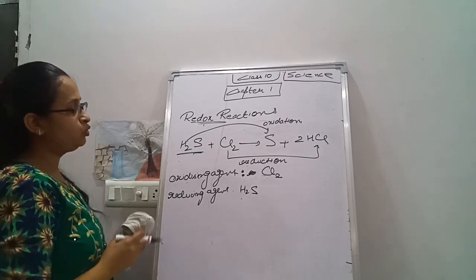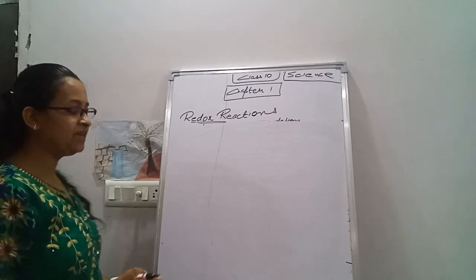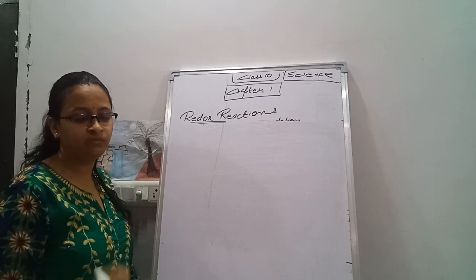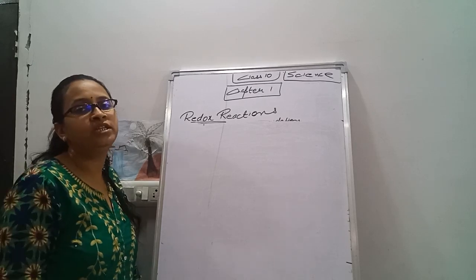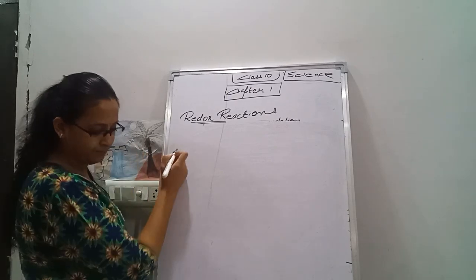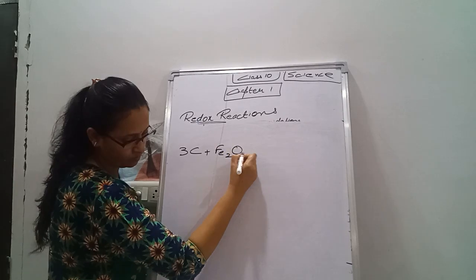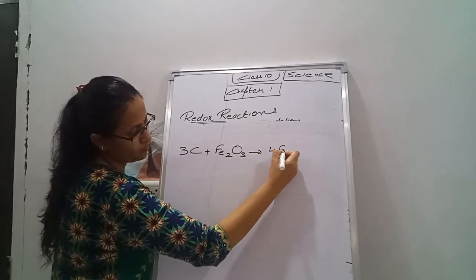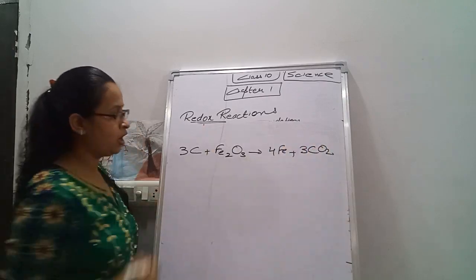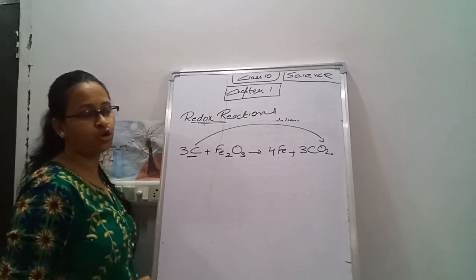So now we are coming to redox reactions. We are taking more examples of redox reaction. Basically, in daily life, the normal process of redox reactions we can see in photosynthesis or during the charging of our mobile batteries. Now the next example: here we are seeing carbon atoms, and carbon is gaining oxygen.